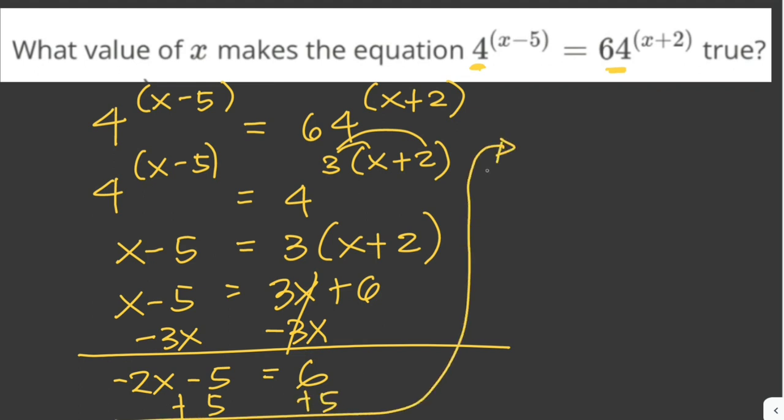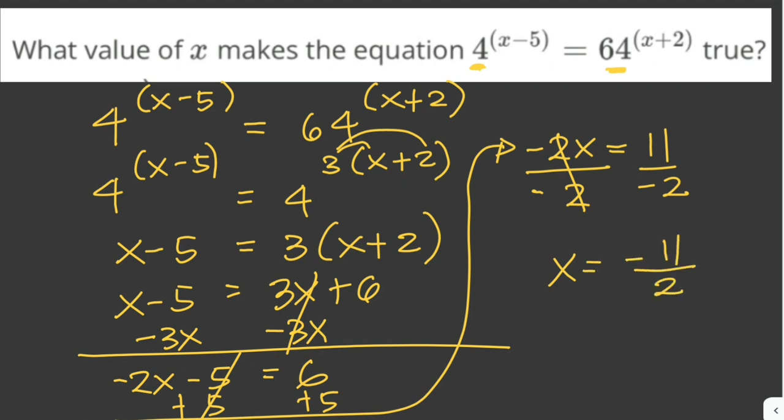And then this would leave us with negative 2x, because this cancels out, equals 6 plus 5 is 11. And then to solve for x, we divide both sides by negative 2, then x is just equal to negative 11 over 2. So this is the value for our x.